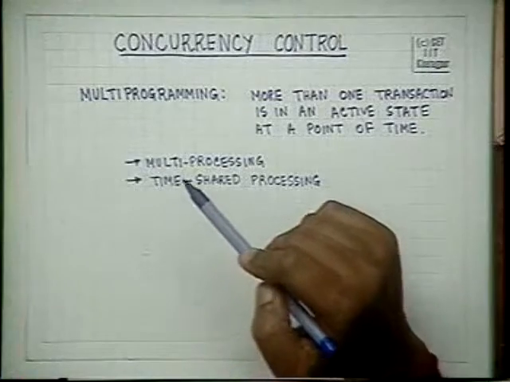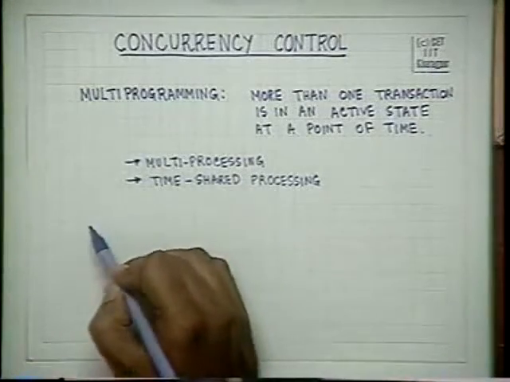So, we first have to see how consistency can be broken down due to multiprogramming, and then we will see what are the mechanisms to avoid that and yet maintain the advantages of multiprogramming.